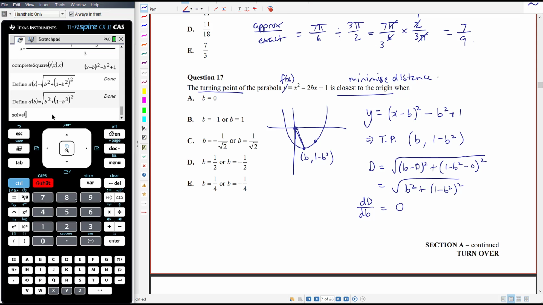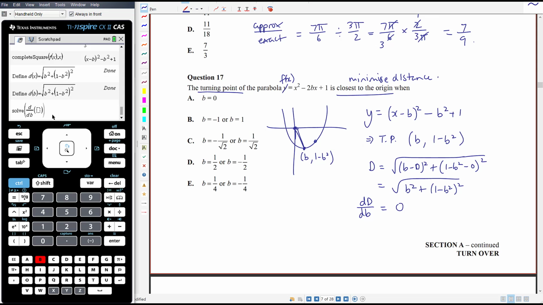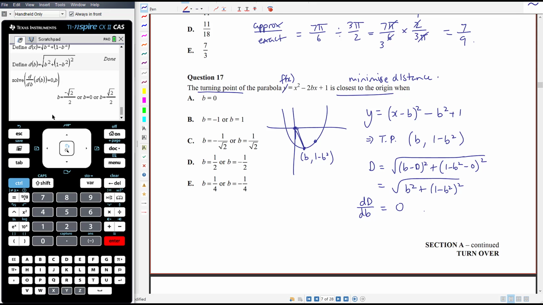We want to solve the derivative with respect to b of d of b equal to 0 for b. And we find that b equals negative root 2 on 2, which I'm going to write as 1 on root 2. Negative 1 on root 2, 0, or positive 1 on root 2.